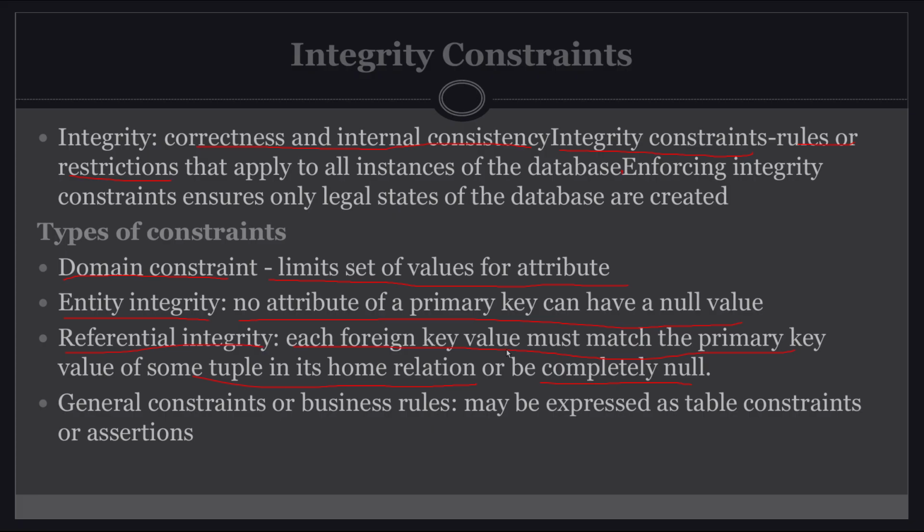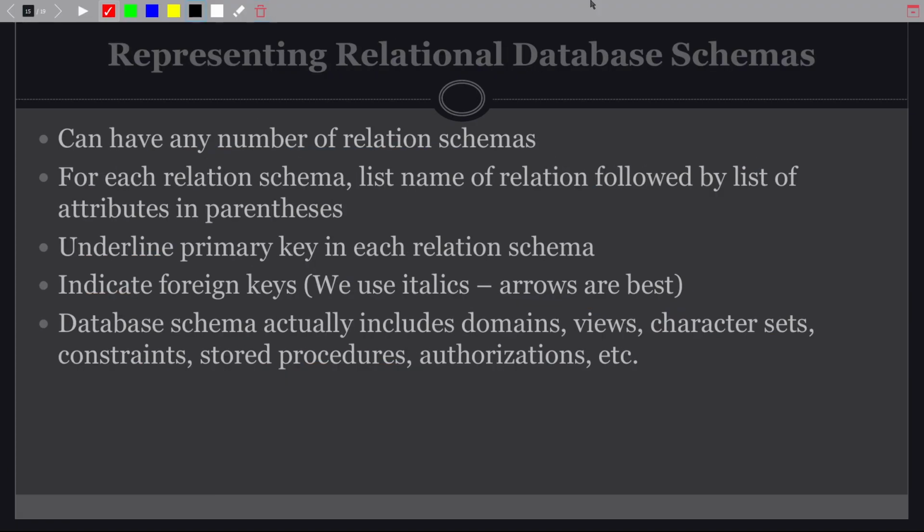So you can't have a foreign key that refers to a tuple that doesn't actually exist. Finally, general constraints or business rules. These are going to vary from application to application, business to business, table to table, database to database. So just take them as general assertions.